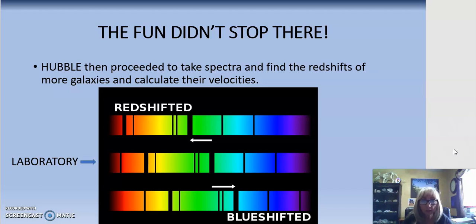Seeing that that's hydrogen, we would say that the laboratory in the middle stripe there, that's where those lines should be. But when something is moving away from us, all those lines shift towards the red. When something's coming towards us, they all shift towards the blue. So with that difference, we can calculate velocity.